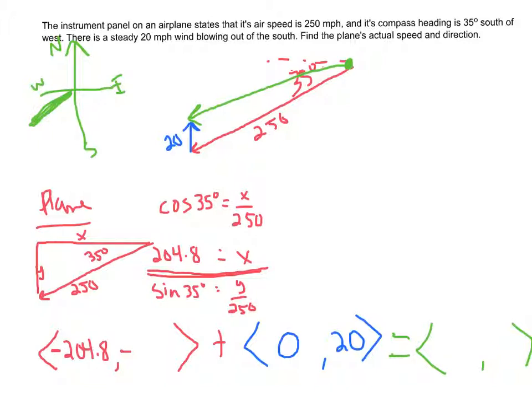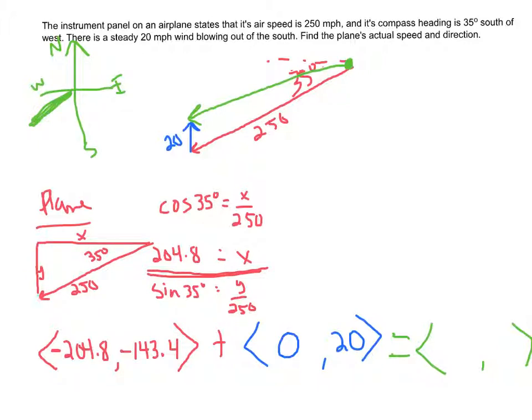And when I plug that into my calculator, I get 143.4. So it's heading south, technically, at a rate of 143.4.